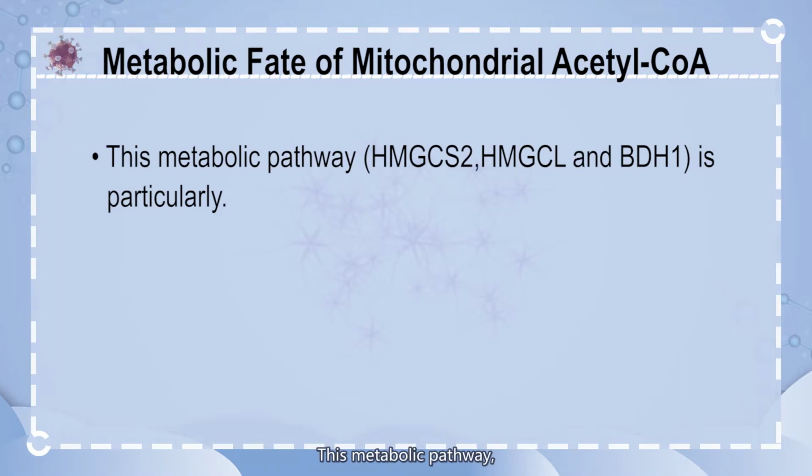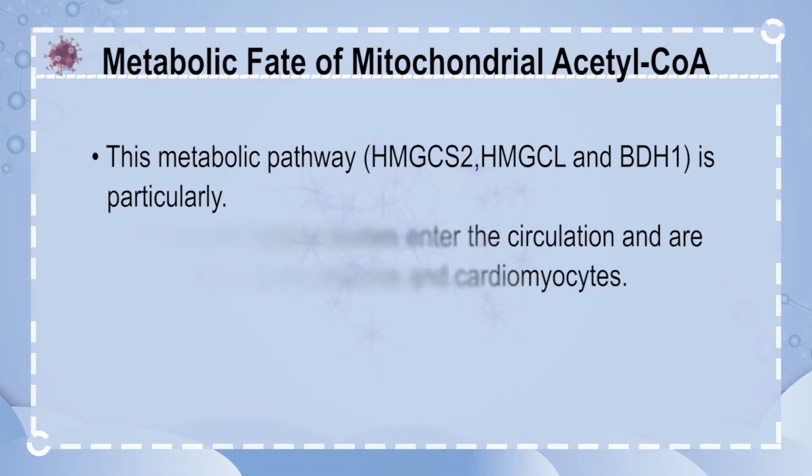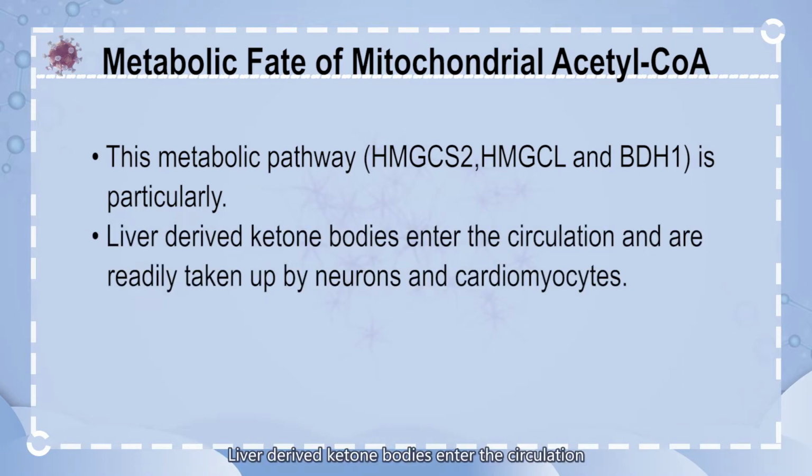This metabolic pathway, which is catalyzed by the sequential activity of HMGCS2, HMGCL, and BDH1, is particularly active in conditions of fasting or caloric restriction, when the majority of mitochondrial acetyl CoA derives from beta oxidation. Liver-derived ketone bodies enter the circulation and are readily taken up by neurons and cardiomyocytes, which employ them to produce ATP upon reconversion to acetyl CoA and entry into the TCA cycle.